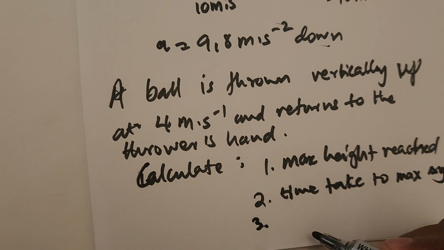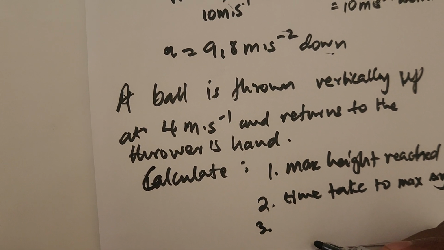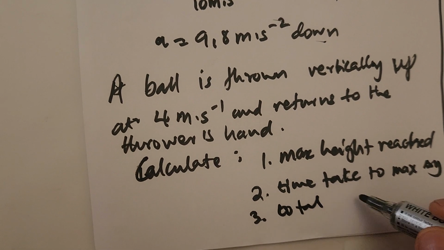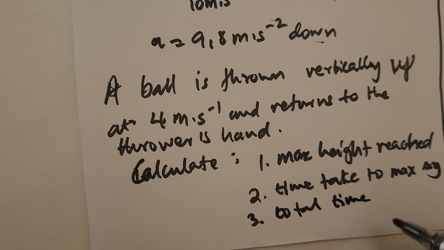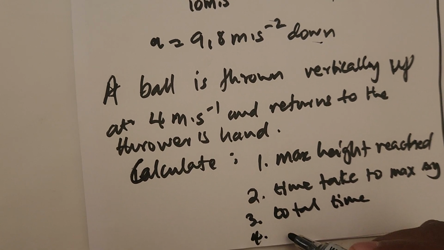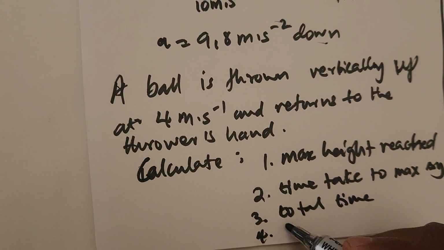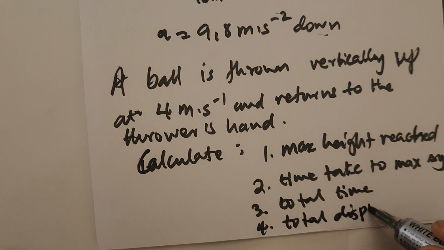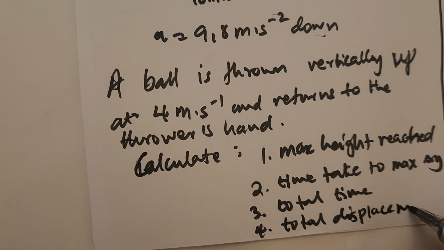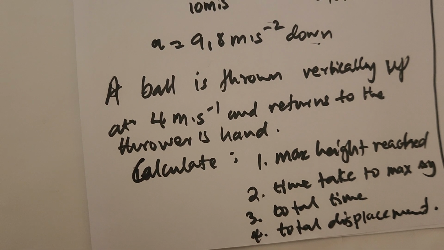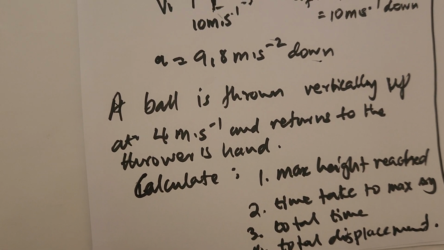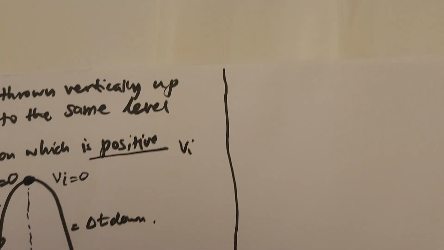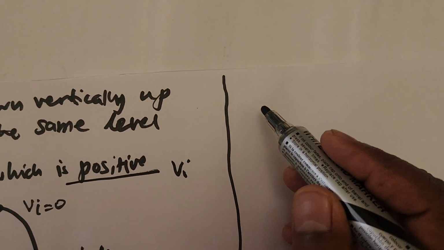Number 3 will be to calculate the total time. That one is relatively easier, as we said. And the last one, they say calculate the total displacement. Also that one should be very easy. Displacement of the ball during the entire motion.